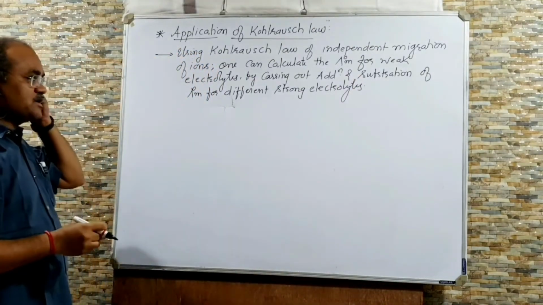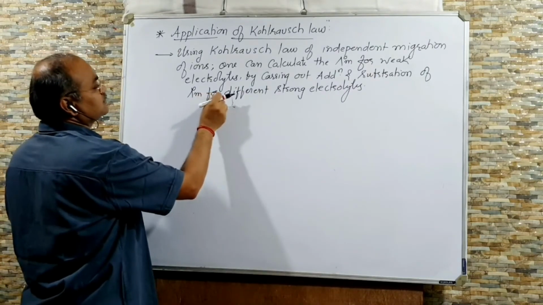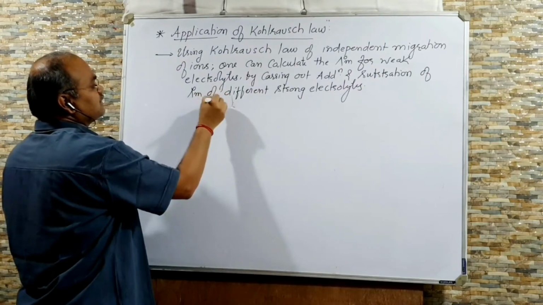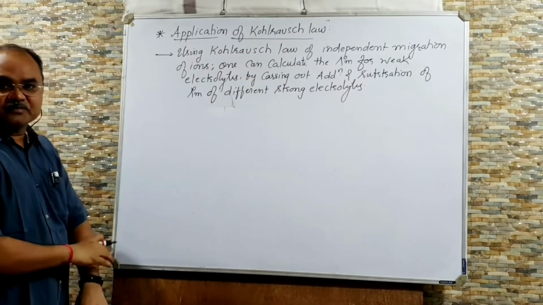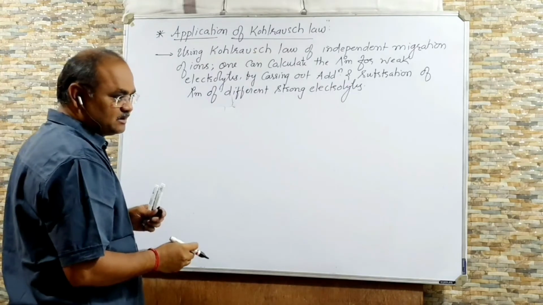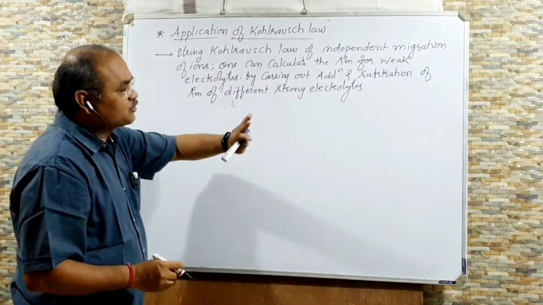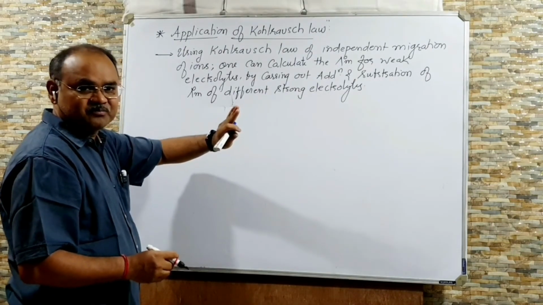You have to carry out addition and subtraction of lambda 0 m values of different strong electrolytes. Different strong electrolytes will be given to you in the examination. Right now, which lambda 0 m of which strong electrolytes are required, that I will write.